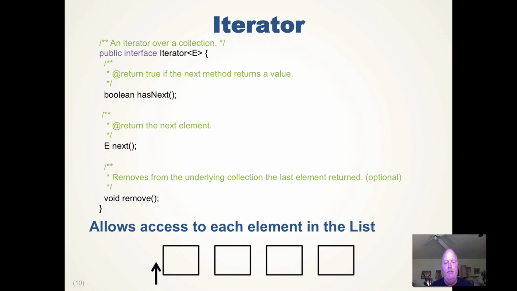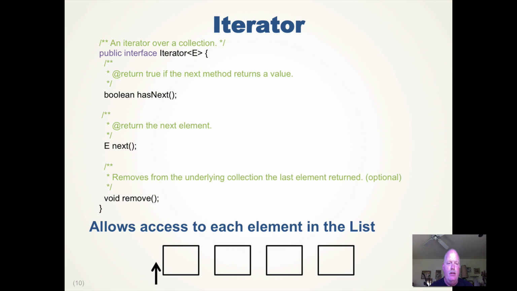The next method returns that item and moves the cursor forward. And the remove method allows you to remove an item from the collection. It's an optional method, which means it may not actually be implemented. You have to implement the method, but you can throw an unsupported operation exception, because you must implement all the methods in the interface.